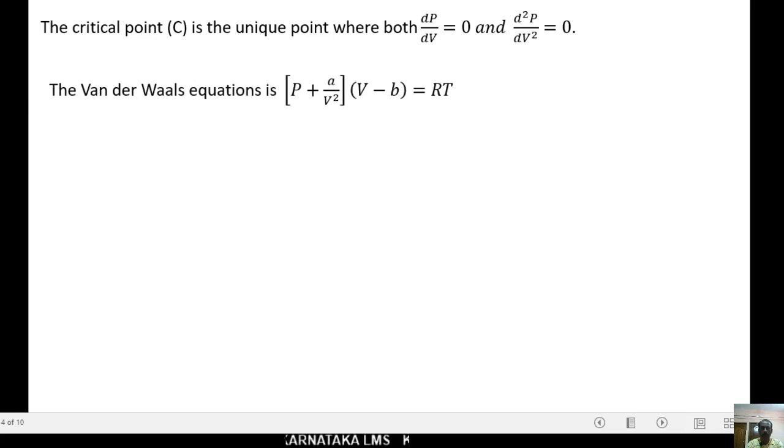The van der Waals equation is (p plus a by v square) into (v minus b) equals RT. Rearranging for pressure, we get P equals RT by (v minus b) minus a by v square. Let it be equation 1.